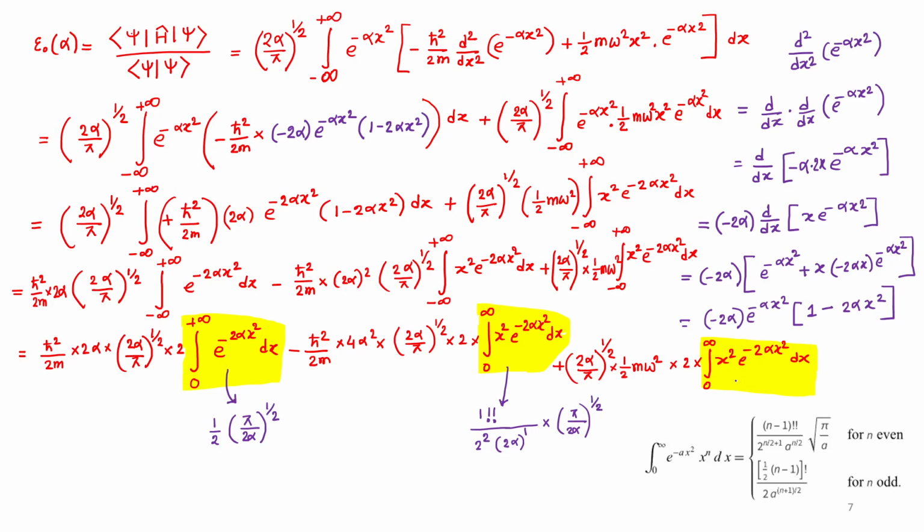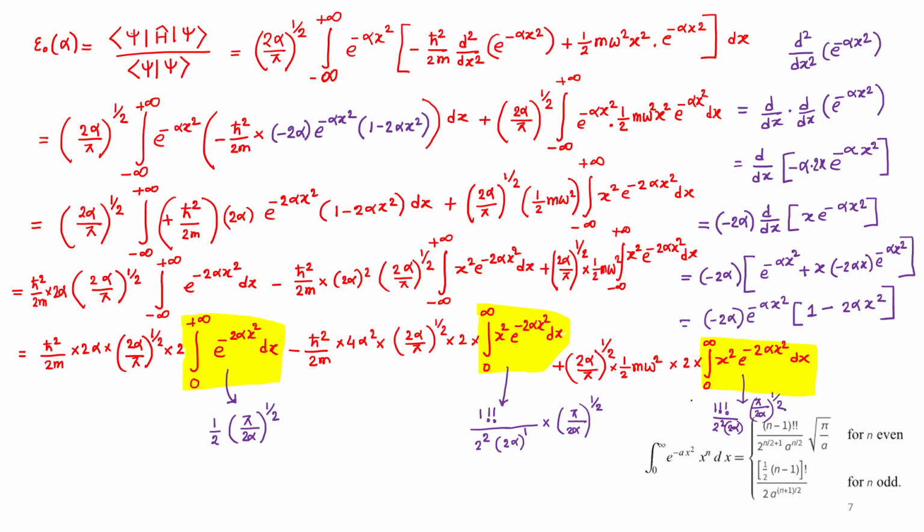Same for this, this is also 1 double factorial, 2 to the power 2, 2 alpha, pi by 2 alpha to the power half.